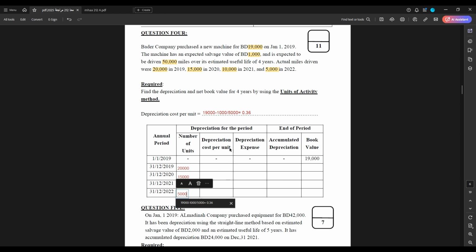The depreciation cost per unit we have already calculated is 0.36. It will be fixed for all years.